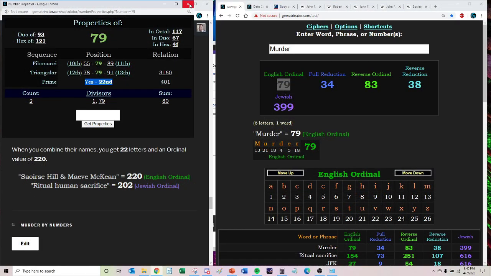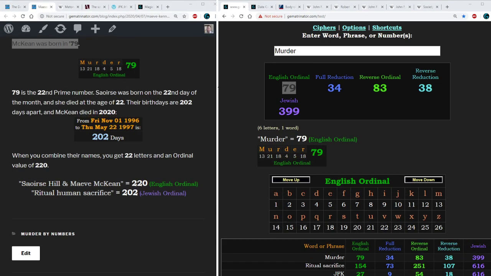Here we are in the year 2020. Saoirse Hill was born on the 22nd day of the month. She died at the age of 22. Her birthday even falls 202 days after that of Maeve McKean, who died in the year 2020.